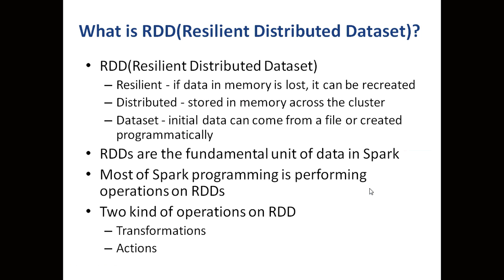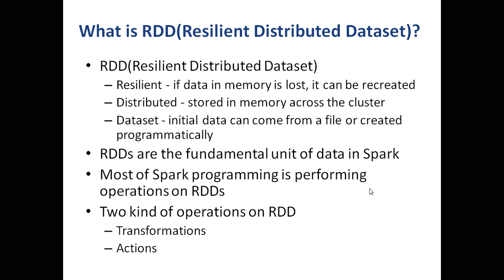Most of the Spark programming is to perform operations on RDDs. Suppose you have data in HDFS. You load the data from HDFS, and you get the data in the form of an RDD.